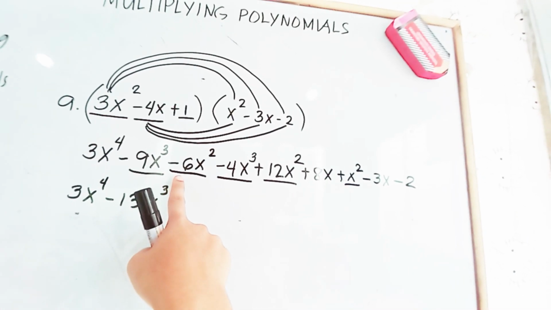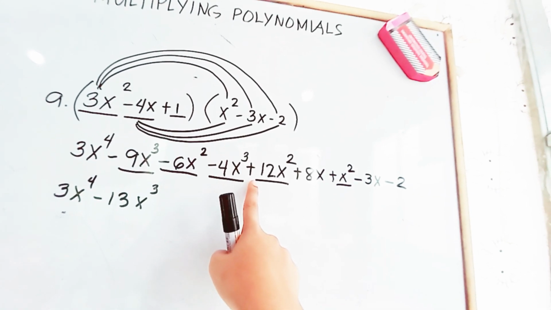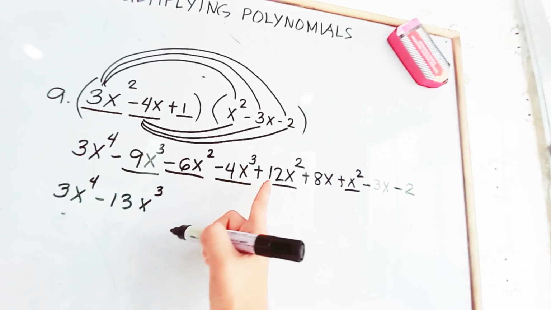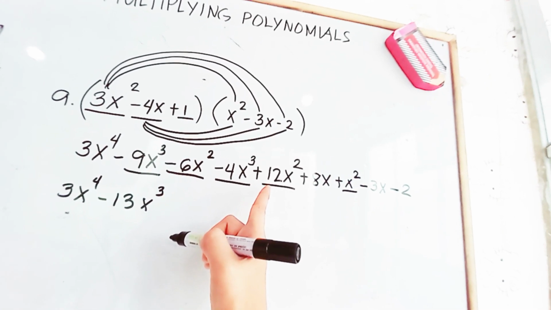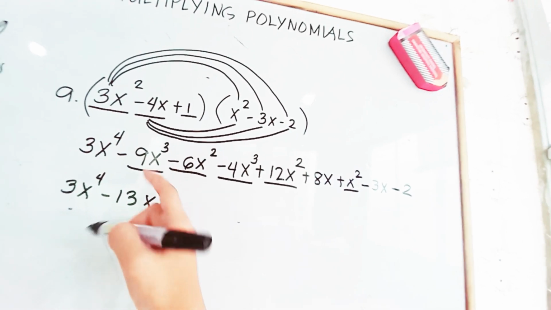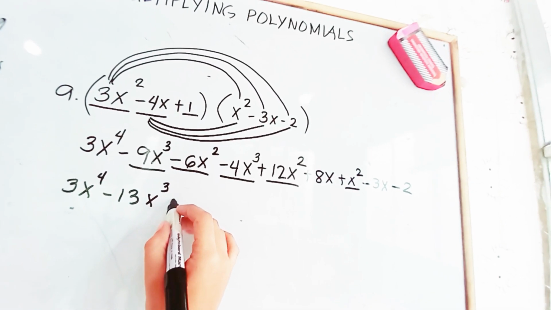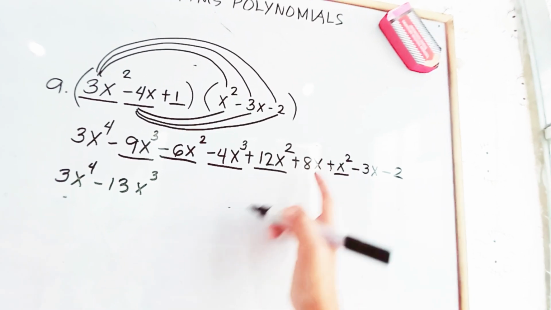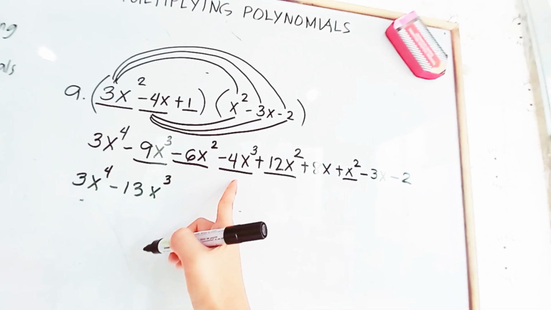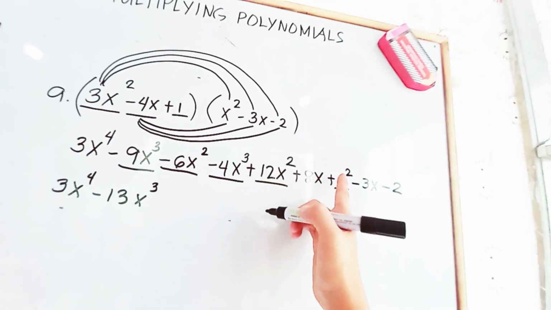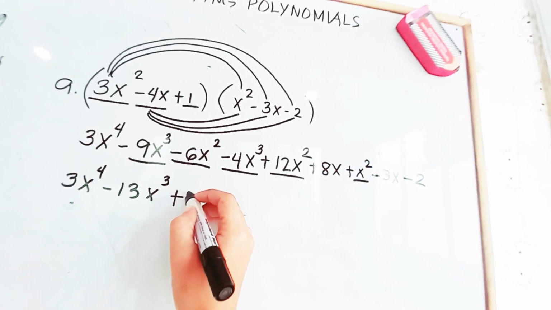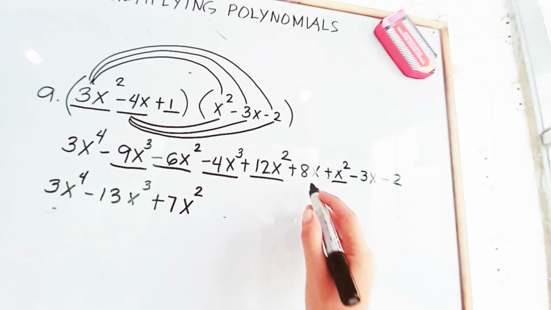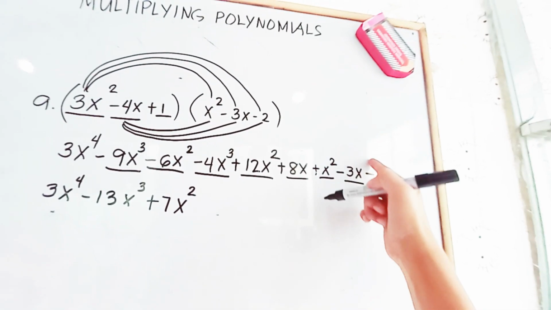So negative 6x squared plus 12x squared, so that would be positive 6x squared. Okay, 12 minus 6, so we will just copy. That is positive 6x squared, and then let's combine this one, 1. So positive 6x squared plus 1x squared, that is positive 7x squared. Okay?